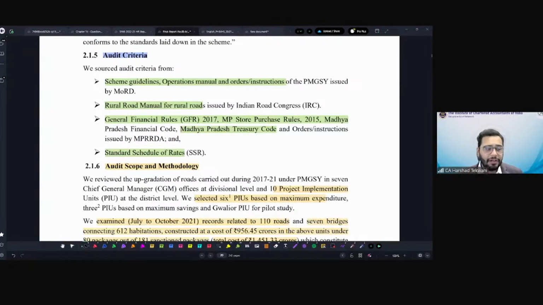Is it something different than what we have seen in the normal audits? Is it something different than what you have seen in the normal audit, or is it the same thing?